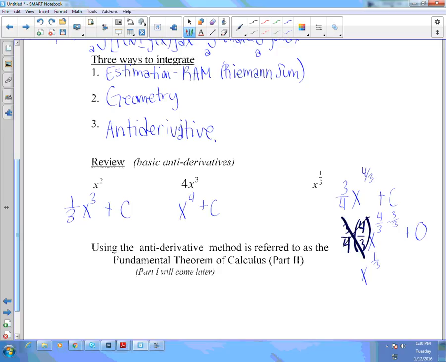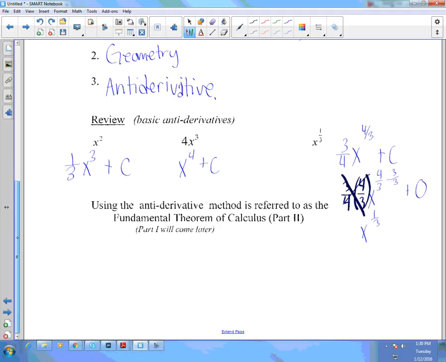Okay, so I want you to talk together and write a mathematical formula for how we were basically undoing the power rule, right? So you can come up with a mathematical formula for undoing this power rule.